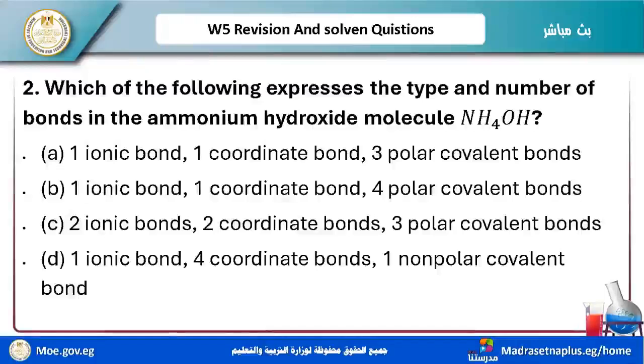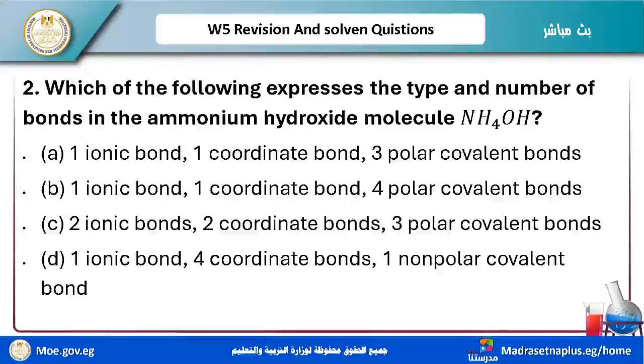Now, which of the following expresses the type and number of bonds in the ammonium hydroxide molecule NH4OH? A: 1 ionic bond, 1 coordinate bond, 3 polar covalent bonds. B: 1 ionic bond, 1 coordinate bond, 4 polar covalent bonds. C: 2 ionic bonds, 2 coordinate bonds, 3 polar covalent bonds. D: 1 ionic bond, 4 coordinate bonds, 1 non-polar covalent bond.